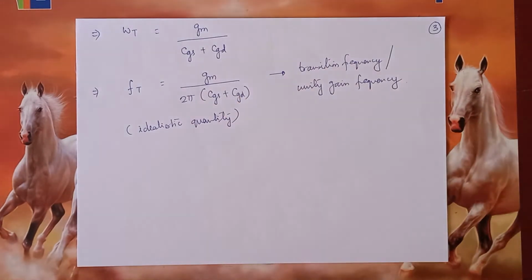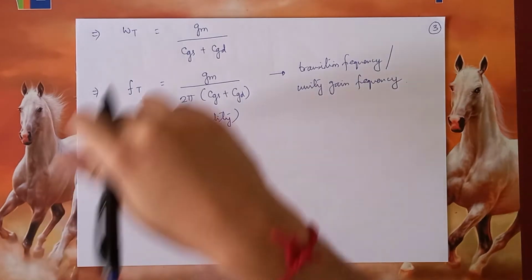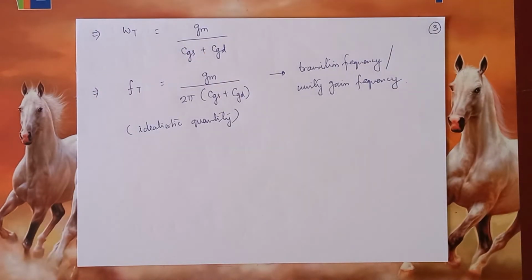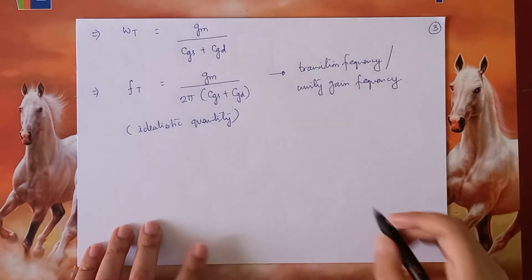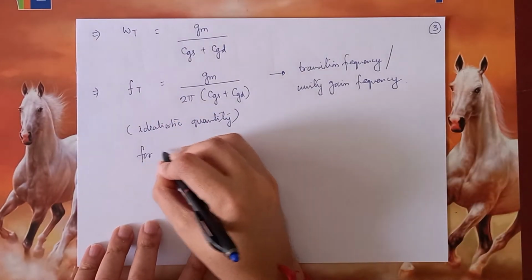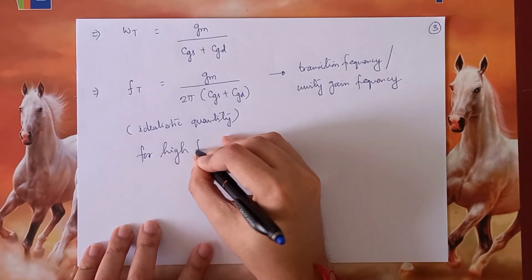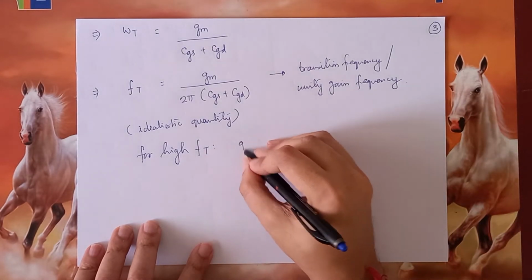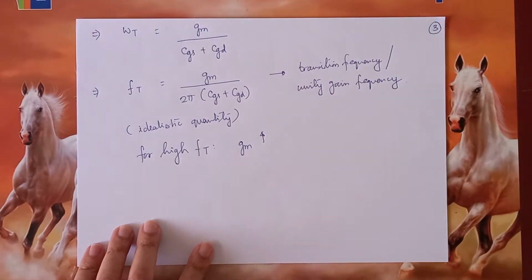So if I want a transistor with high Ft, what can be done? For high Ft, one way to do it is increase the GM. But GM is something that is controlled by the circuit. What is the factor that is controlled by the technology?